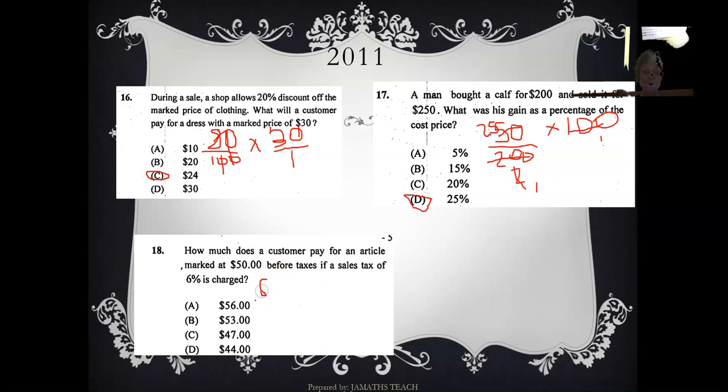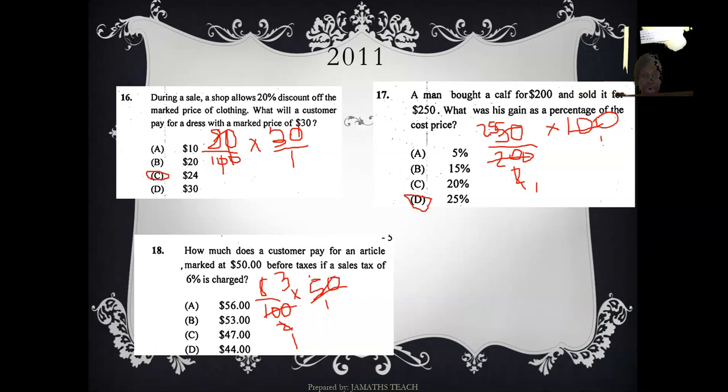So we find 6% of 50, so that's 6 over 100 times 50. 50 into 50, 1, 50 into 100, 2, 2 into 2, 1, 2 times 3, 6, 3. So that means taxes is $3.